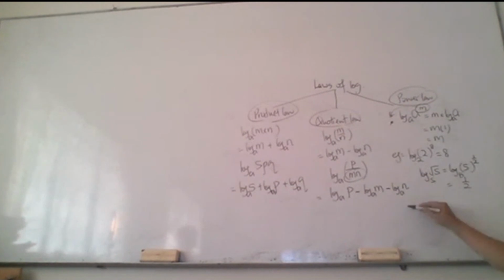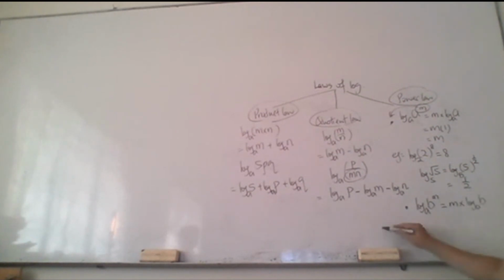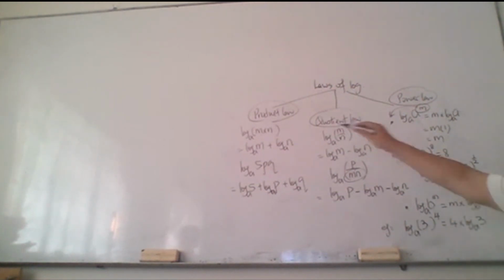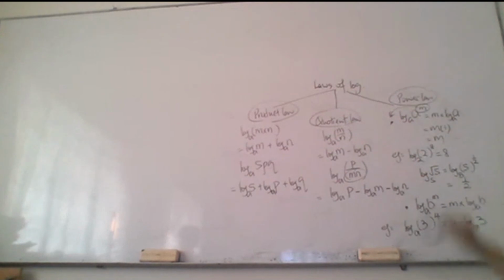Another one is simple: log_a(b^m) is m times log_a b. I'm sure everyone is quite familiar with this. Log_a of 3 to the power of 4, then you have 4 times log_a 3. So these are the basic ideas about the laws of logarithm.